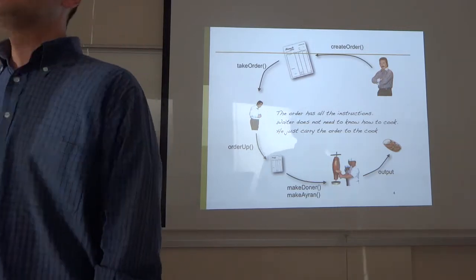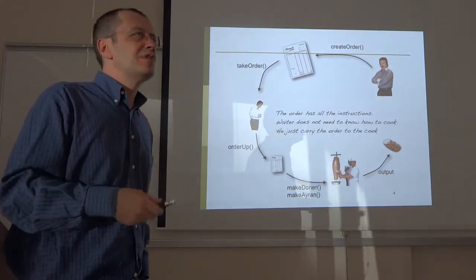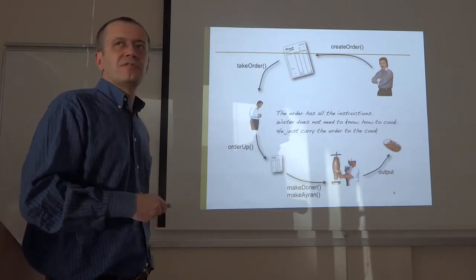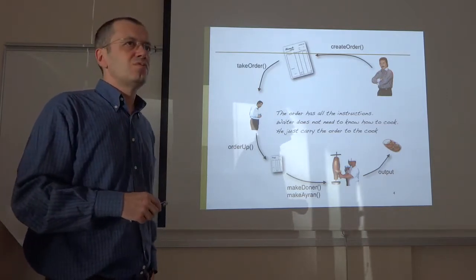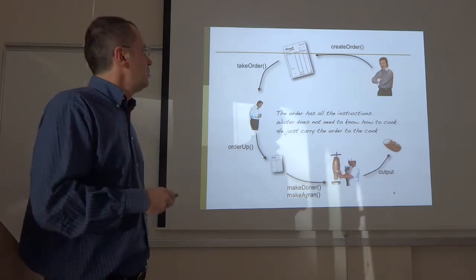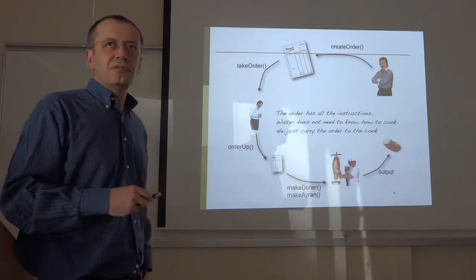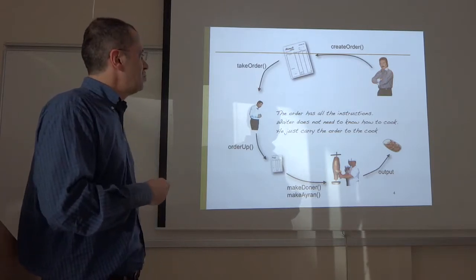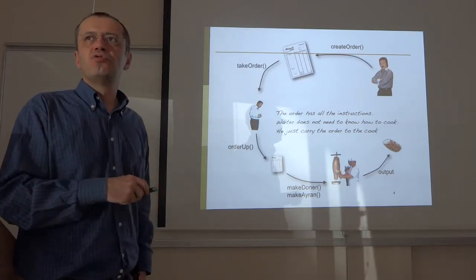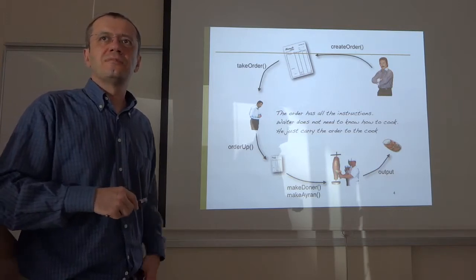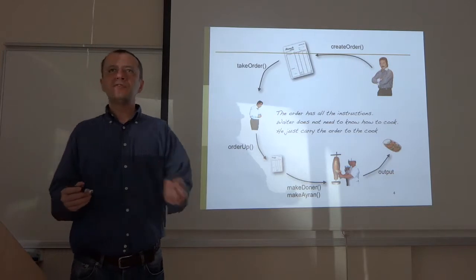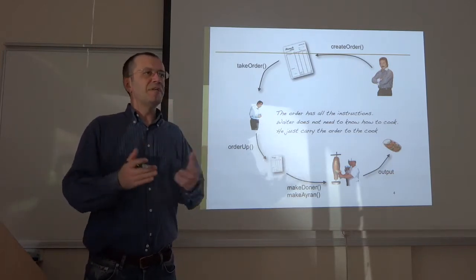So what is so unique about that? The point is that he is not directly telling the cook what he wants. He is telling somebody in between to do that. And that somebody in between is actually the remote controller in our case. Why do I need a waiter, or why do I have a remote control?